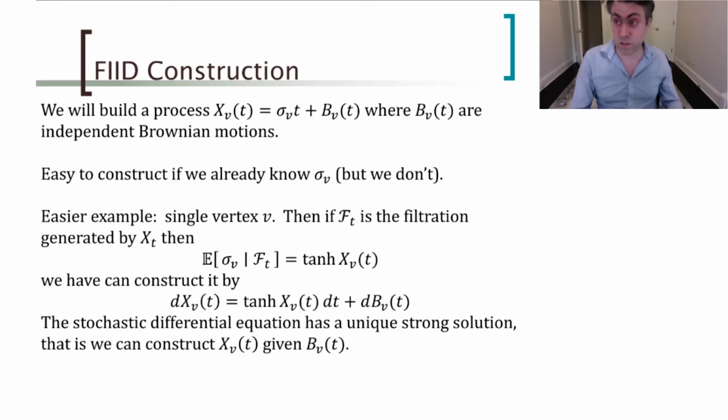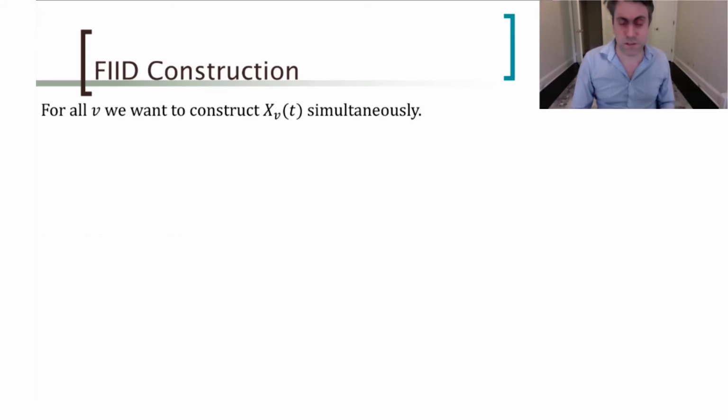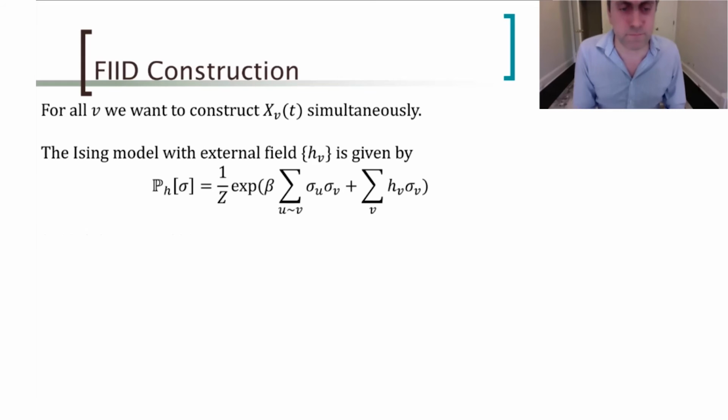But of course, we want to do this for all of the vertices in the graph simultaneously. And to do this, I want to introduce the Ising model with an external field, and this just means an extra term, a sum of h_v sigma_v, where h is basically just biasing the sigmas to either be more likely to be positive or more likely to be negative.